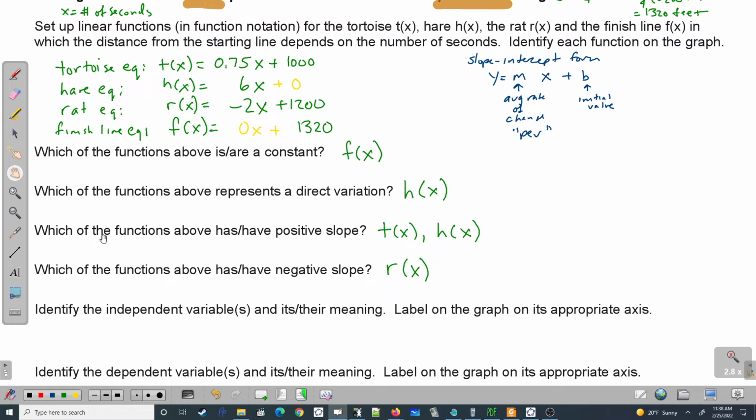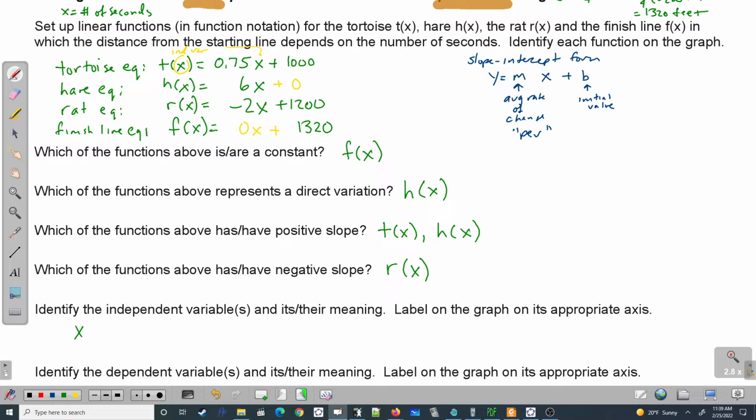Identify the independent variable and its meaning. The independent variable is what you use to plug into the equation. This is the independent variable right here. It's what you plug in. It's right there. So as I stated, it's x.